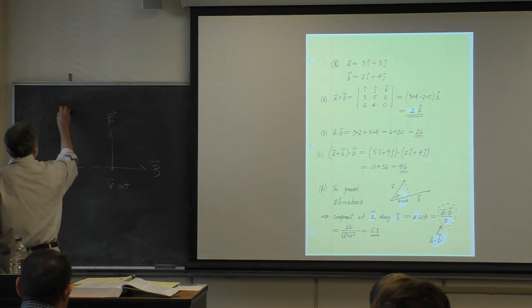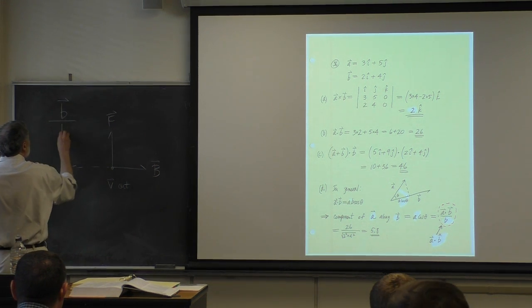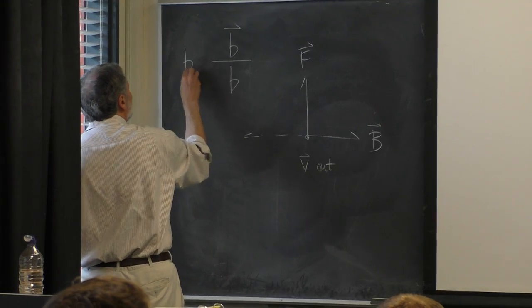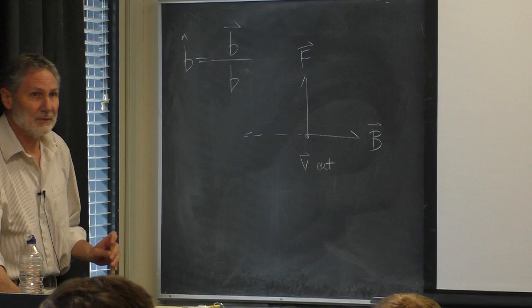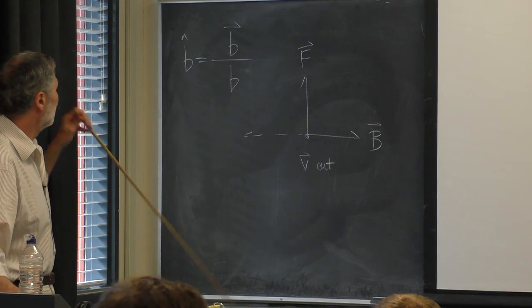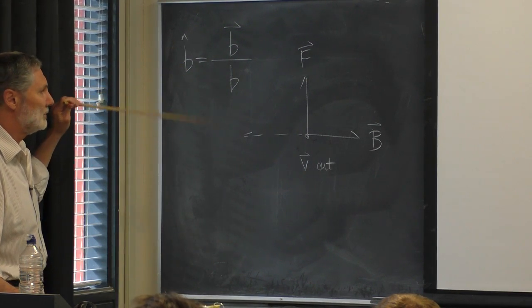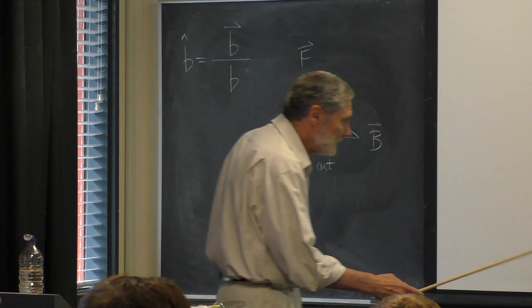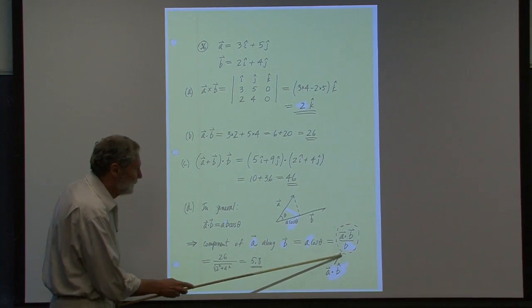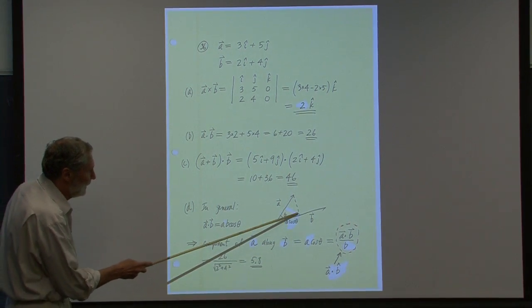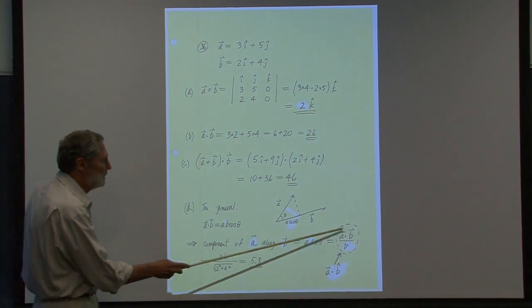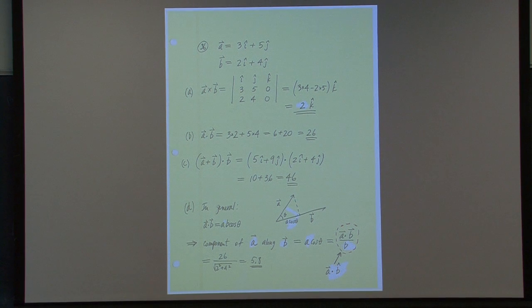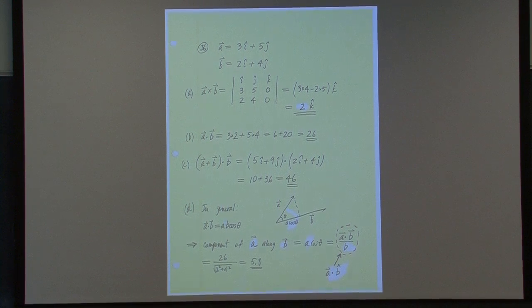When you take any vector and divide it by its magnitude, the magnitude of that vector is 1. So we can put a hat on top of it like that. So this is what we need to calculate. We're after A cosine theta, the component of A along the direction of B, and it's going to be the dot product divided by B.